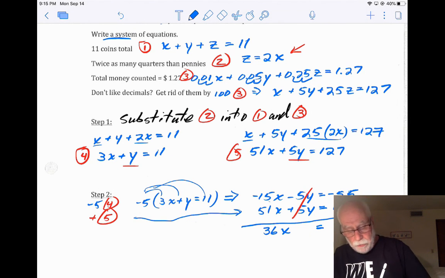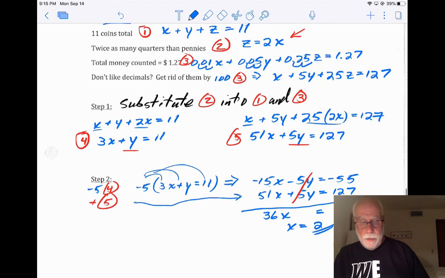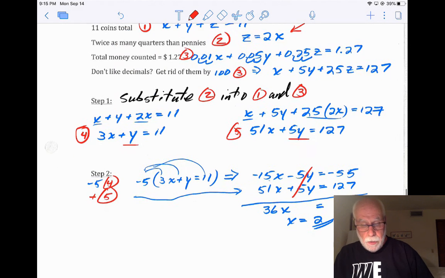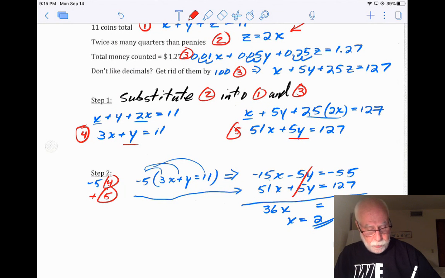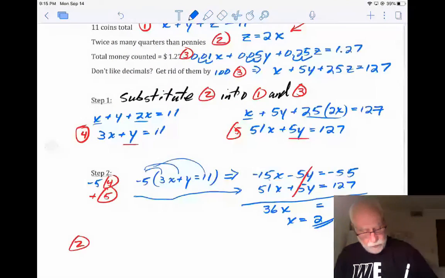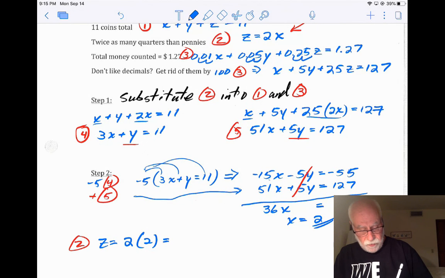Divide both sides by 36. I'll get that x is equal to 2. All right, so now it's easy to look at the second one. So I'm going to plug in x is equal to 2 for the second one. So I'll get z is equal to 2 times 2, which is equal to 4.